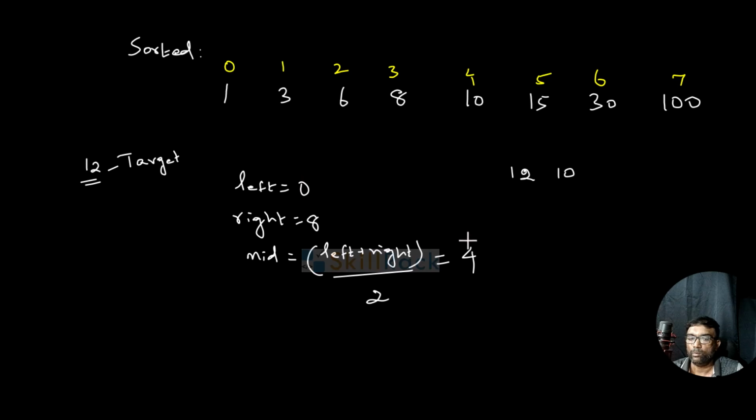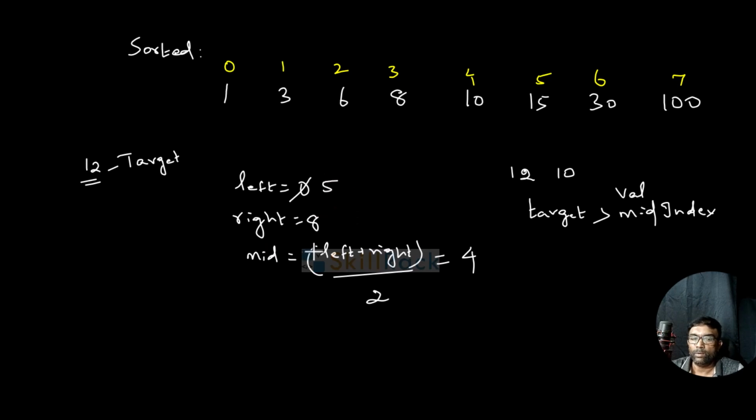You check if the target is greater than the value at the mid index. Then it has to be in the right half, so you change left to mid plus 1. So left will become 5.